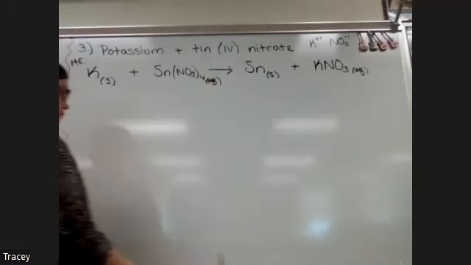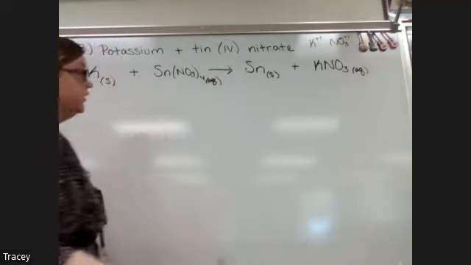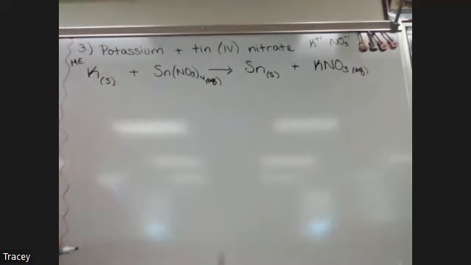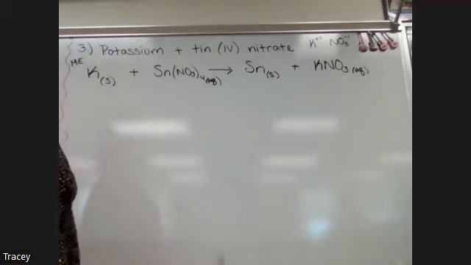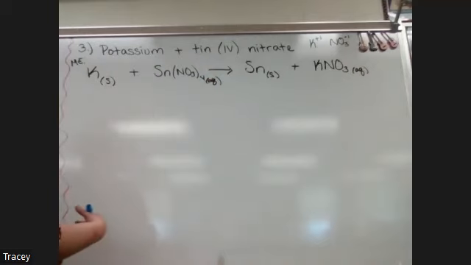So molecular equations have phases. That's one thing I'm looking for. I take off 1 point for each phase you miss. So you need your phases. You can't do the other steps without the phases. So what's the point of writing a molecular equation without the phase? You have to have a phase in order to do the next steps.